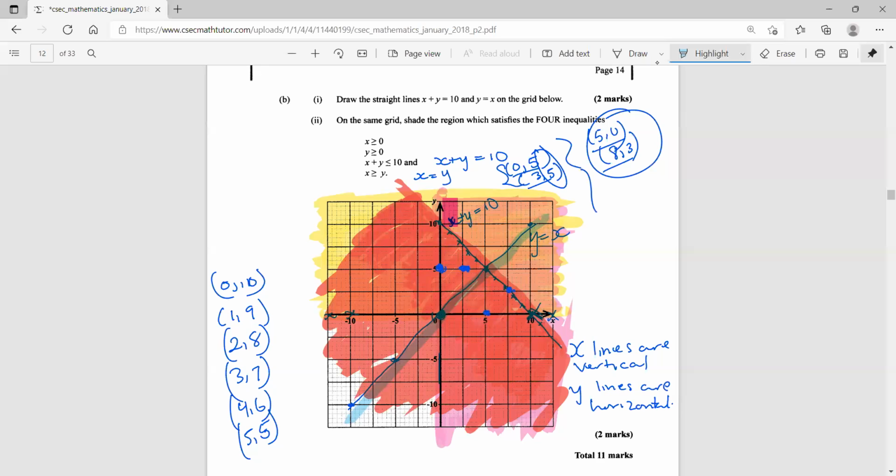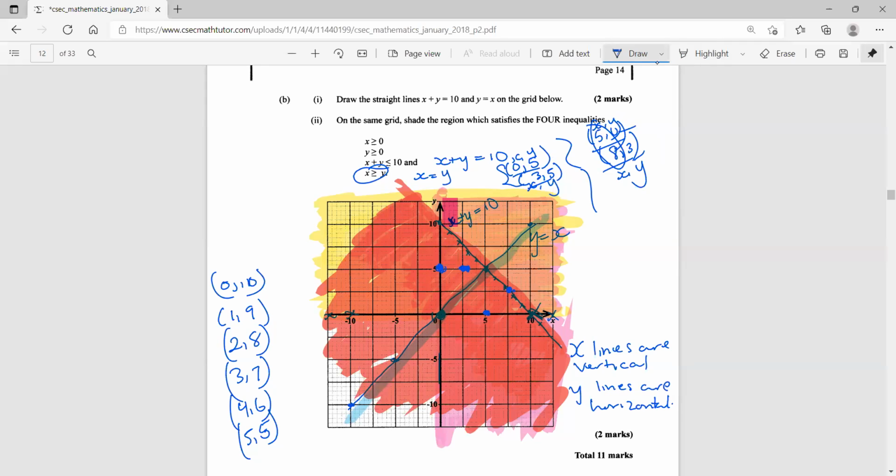Remember, we're looking at the line x is greater than or equal to y, right? So that means our X value should be bigger than our Y value. This is our X, this is our Y, X, Y, X, Y. And the X is larger than our Y's here.